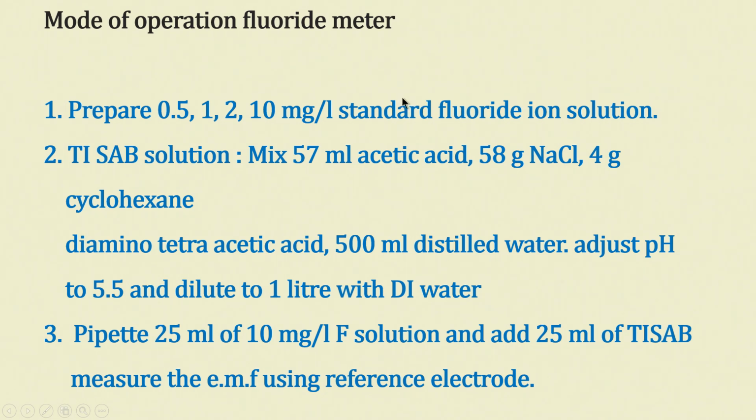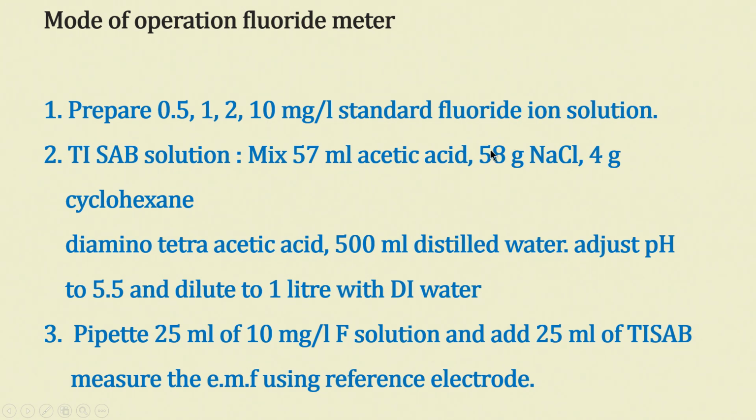Prepare 0.5 ppm, that is milligram per liter, then 1 milligram per liter, this is double, and then 1 to 2 again double, and 2 to 10 is 5 times. So, from 0.5 to 10 milligram per liter you can prepare standard fluoride ion solutions.